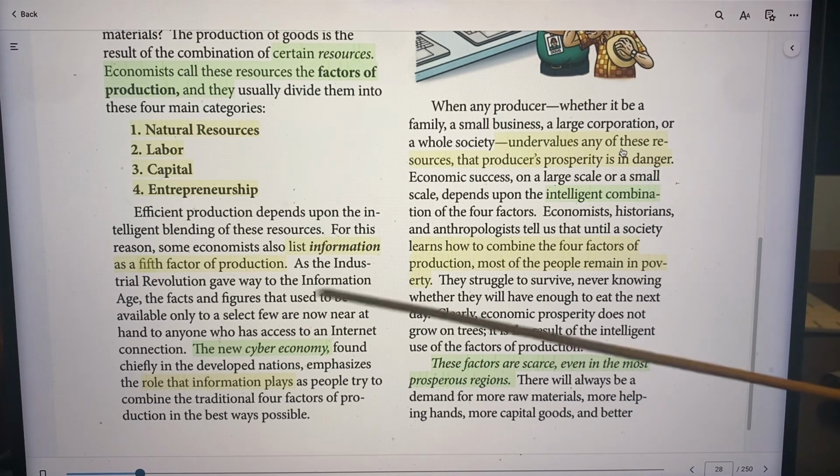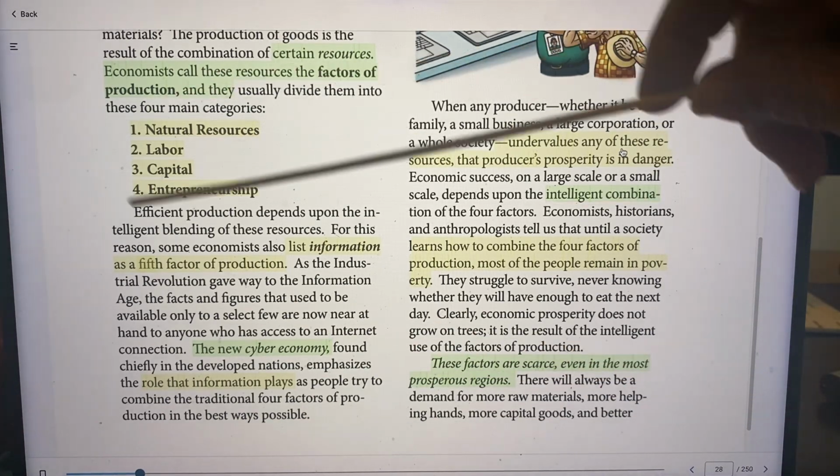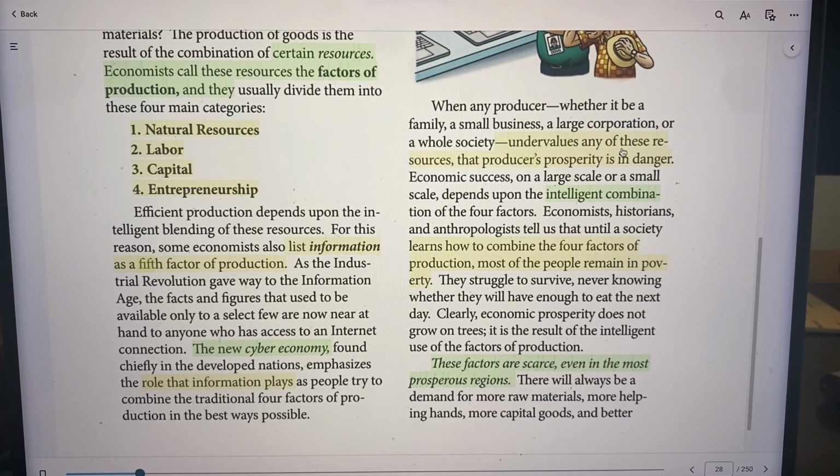So we have this cyber economy now, and we still are going back to these four things in the midst of developing our economy in a positive way.